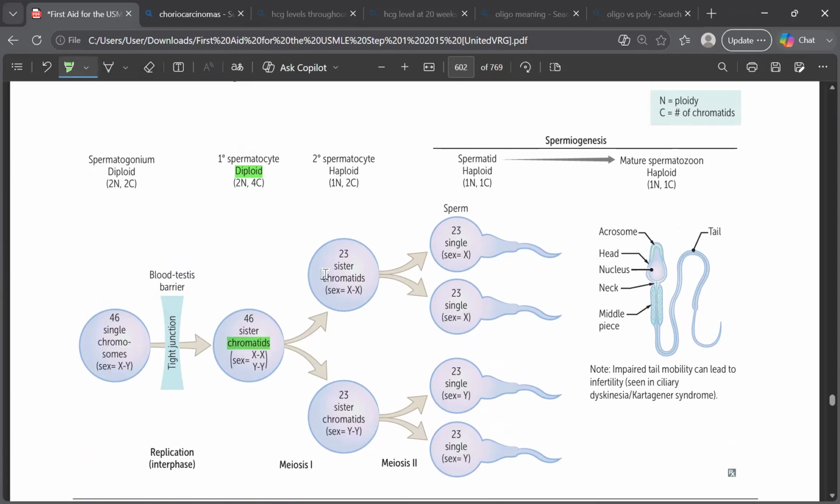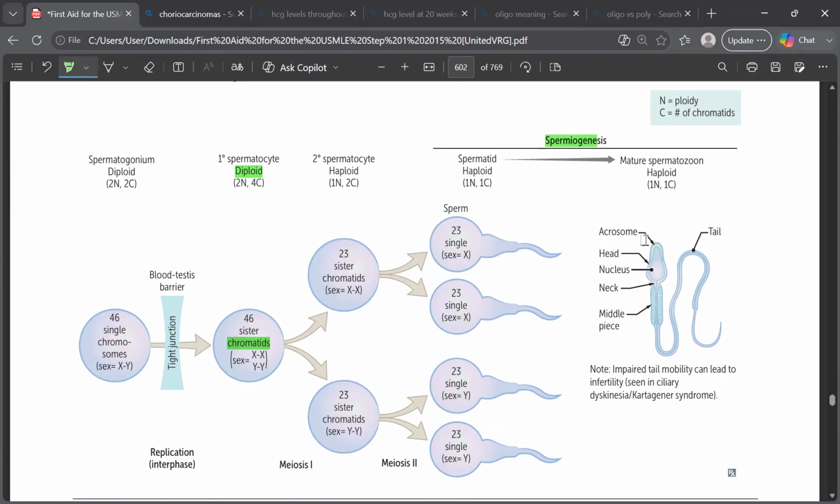And then it undergoes meiosis 1, in which it forms secondary spermatocytes. There's no halting as in the case of oogenesis. And there are 23 sister chromatids each, and these are converted by meiosis 2 into spermatids, which are haploid, and they are then converted by spermiogenesis into mature spermatozoon, which is haploid as well.